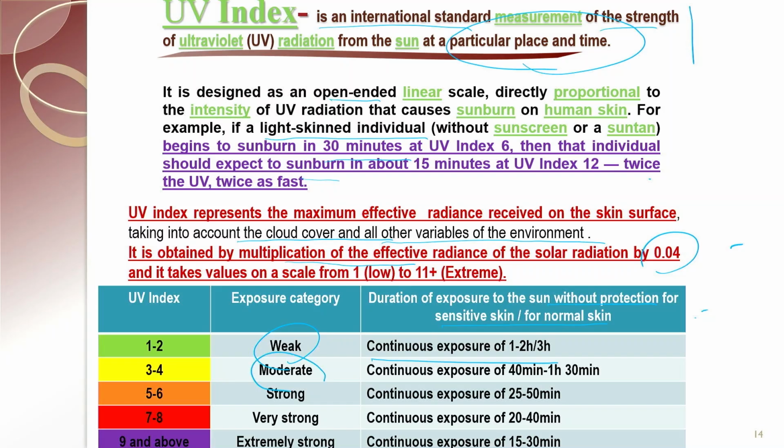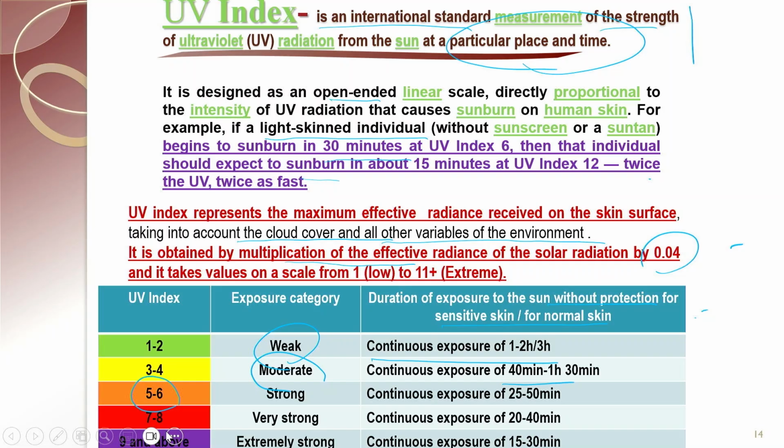where continuous exposure we can have from 40 minutes to 1 hour 30 minutes. UV index 5 to 6 is a strong UV index. So, we can be there maximum between 25 to 50 minutes. 7 to 8 is very strong, so continuous exposure may be 20 to 40 minutes without any sun protection.